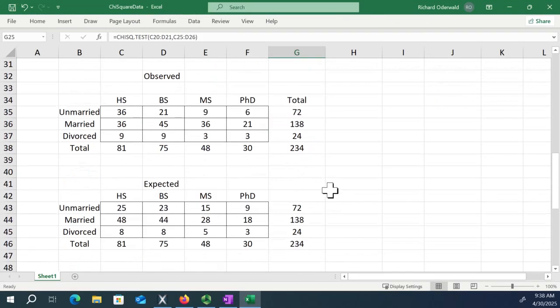Here, and I don't know where this is from. This is probably made up. It has level of education: high school, bachelor's, master's, PhD, and marital status.